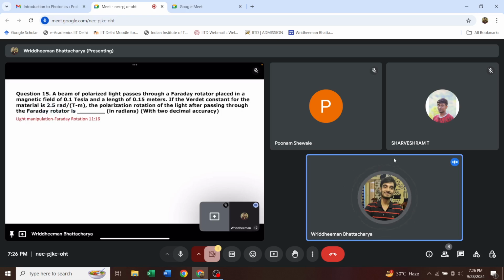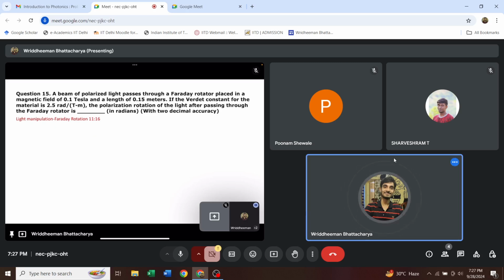And for the 15th question, a beam of polarized light passes through a Faraday rotator placed in a magnetic field of 0.1 Tesla and a length of 0.15 meters. If the Verdet constant for the material is 2.5 radian per Tm, the polarization rotation of the light after passing through the Faraday rotator is what?